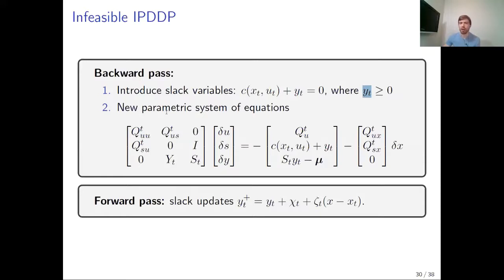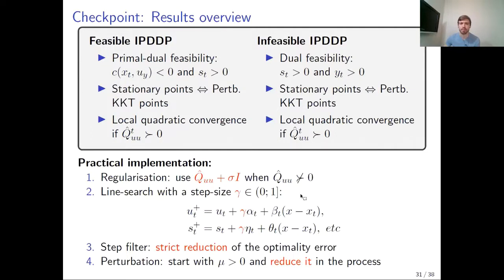In this case, we have a new parametric system of a bigger size, but the condensed system, when we resolve for delta y and substitute it back to the system, looks almost the same as the previous parametric system. And finally, in the forward pass, we have to update our estimates for slack variables. So it will be 3 equations instead of 2.